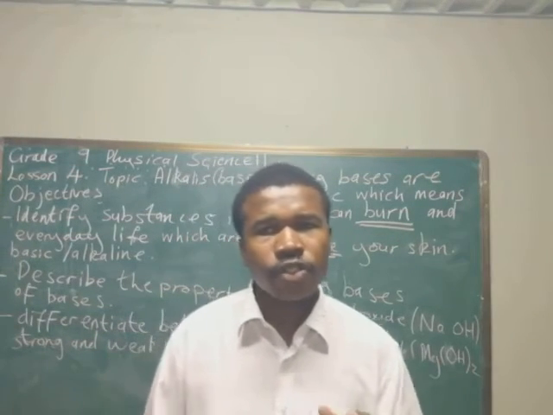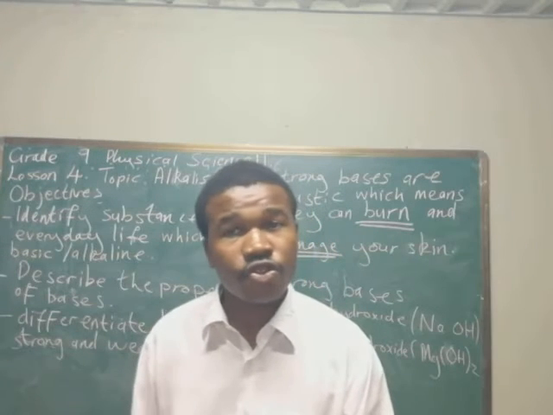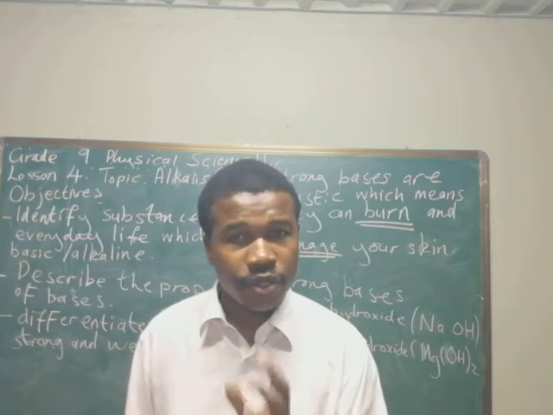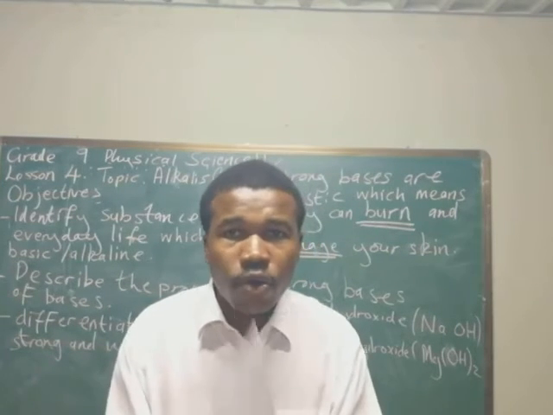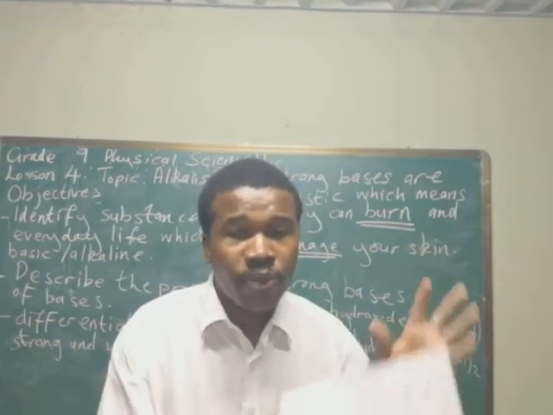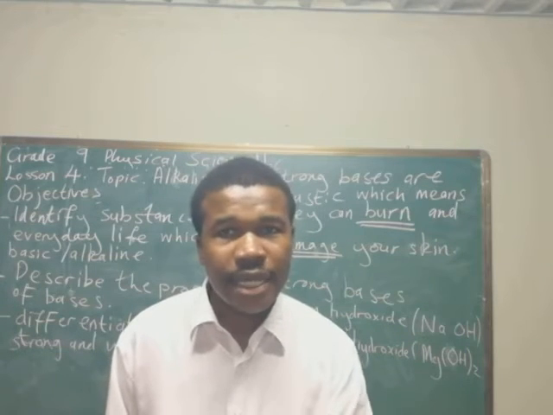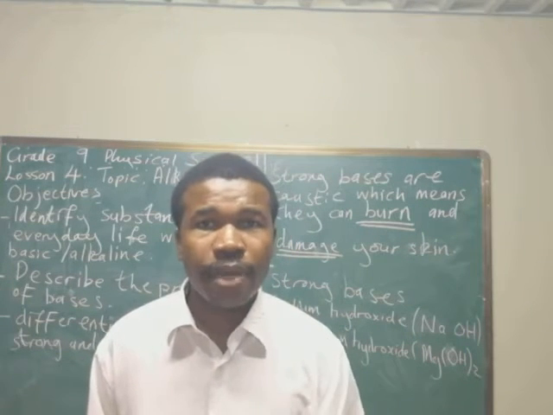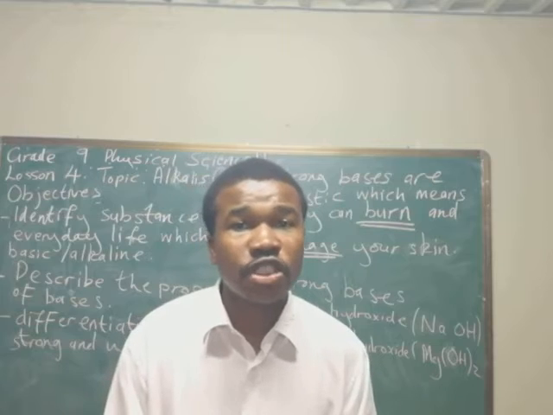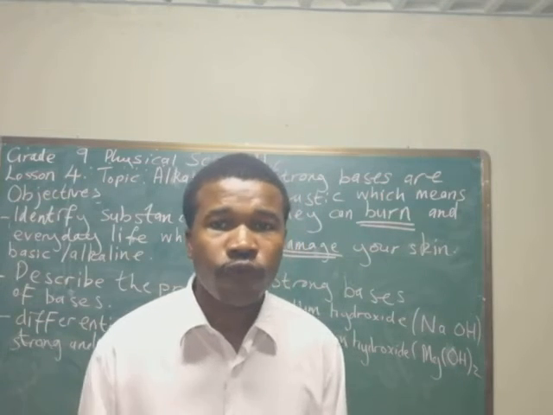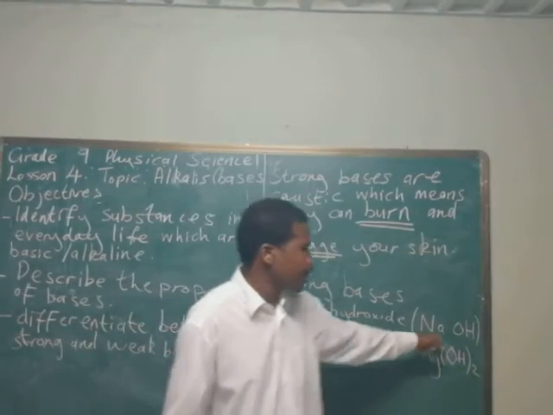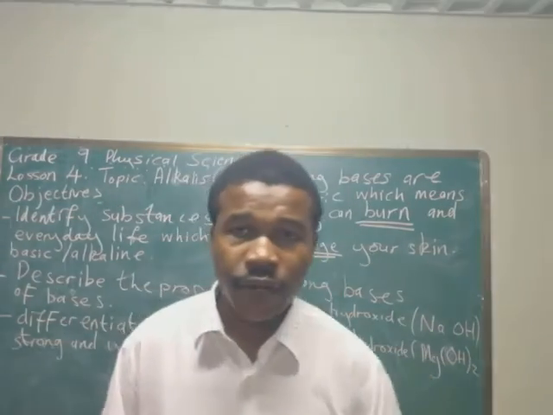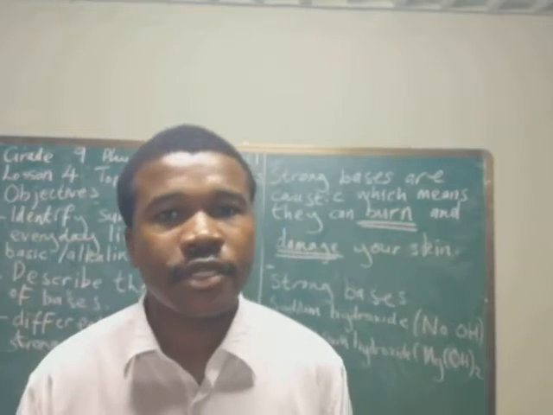Right, so I would want you guys to know that with these strong bases, remember the same way we did for the acids, they also break down. A strong base is a substance which is able to dissociate completely to form the metal cation, the Na, and the hydroxyl ion.